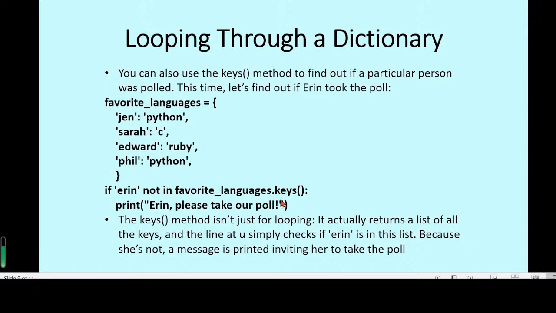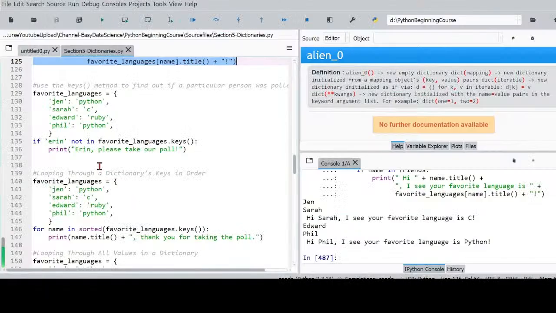And if Erin is not in it, print Erin, please take our poll. The keys method isn't just for looping, it actually returns a list of all keys, and the line simply checks if Erin is in this list. Because she is not, a message is printed inviting her to take the poll.